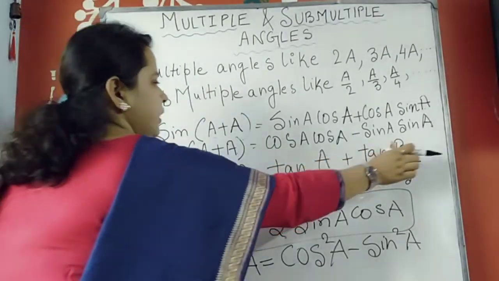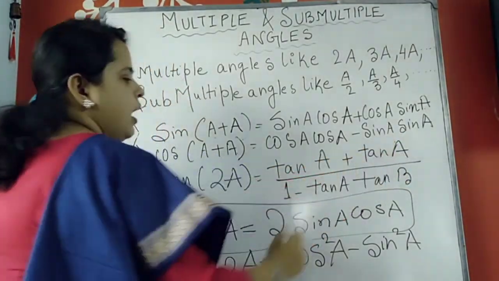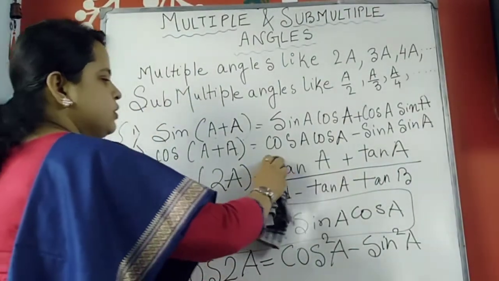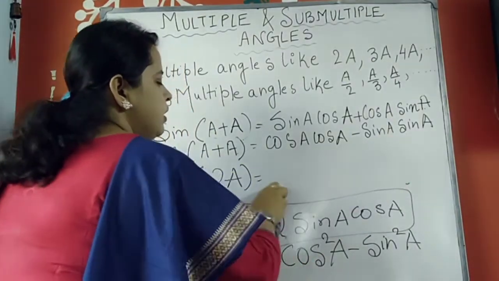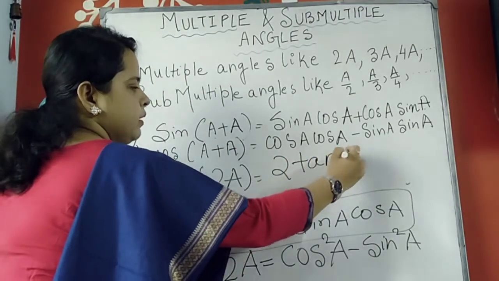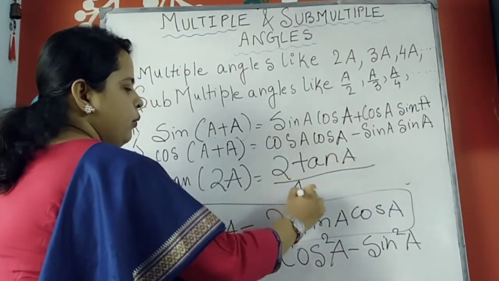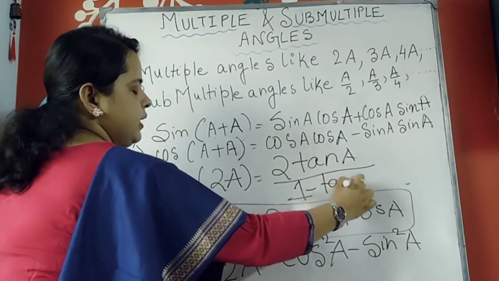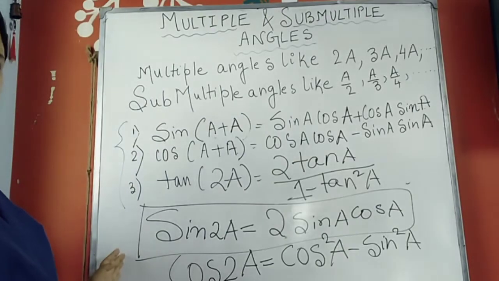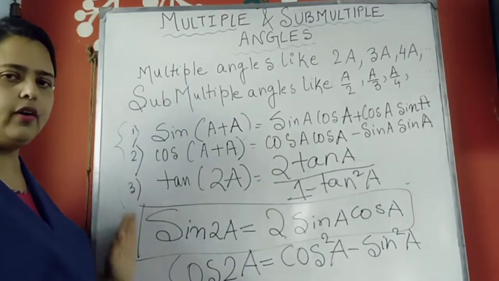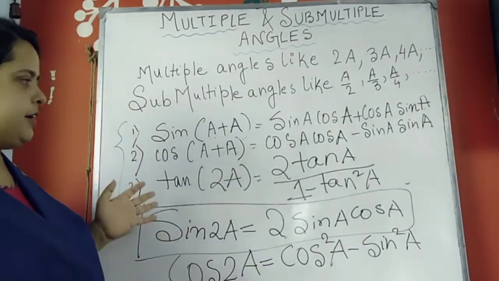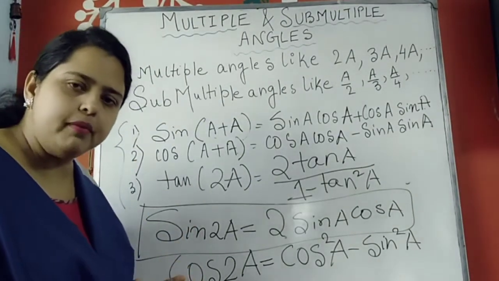So tan A plus tan A over 1 minus tan A tan A, and the formula becomes 2 tan A by 1 minus tan square A. Just have a look: the three formulas I have just written in front of you are derived from the compound angle set of formulas.